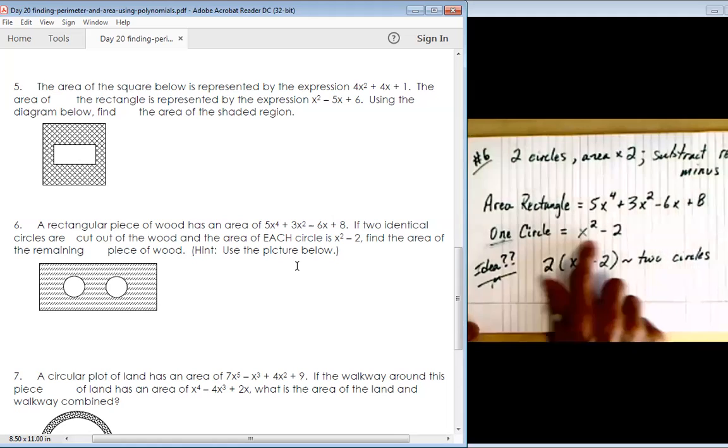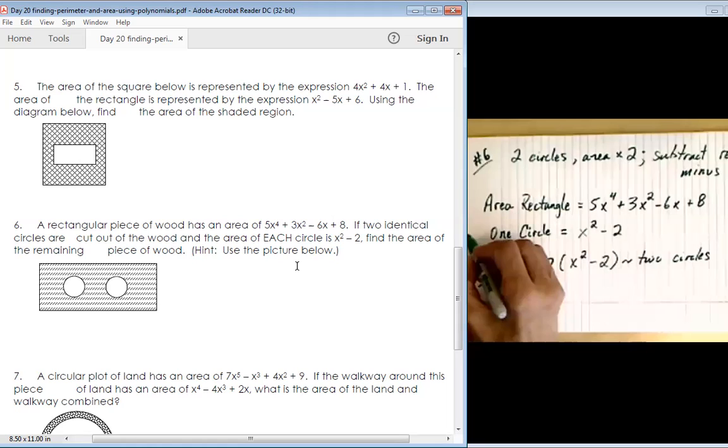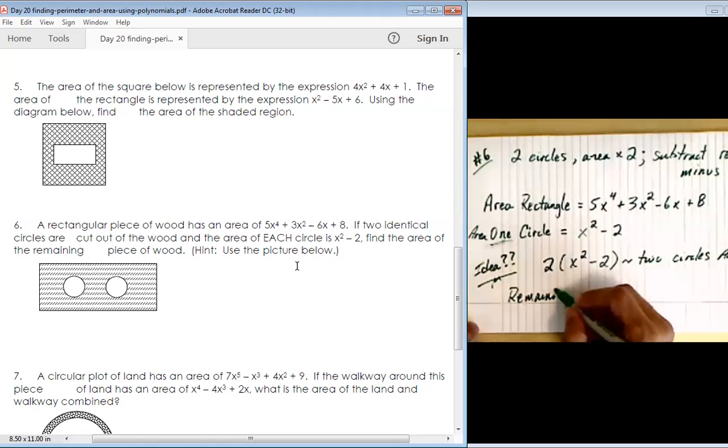If one circle is this, area-wise, I could put area one circle. Then this would be the area of 2 circles, right? Yeah, remaining area. Okay, I'll put area is important. So put remaining area.